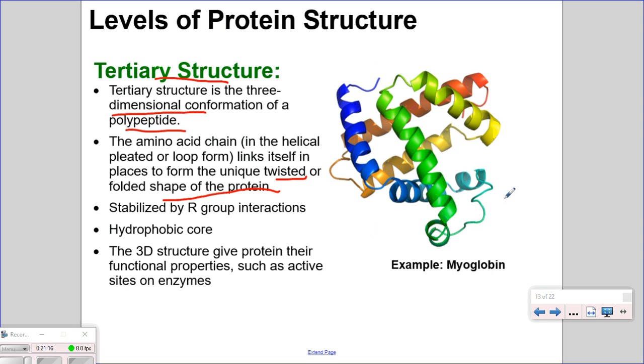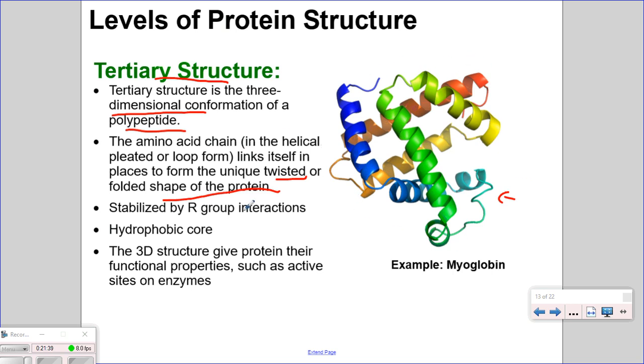In this example with myoglobin, this is the tertiary structure of myoglobin. You can see the secondary structures here, these alpha helices, oriented in a particular direction in space. And this particular orientation will give myoglobin its unique shape.